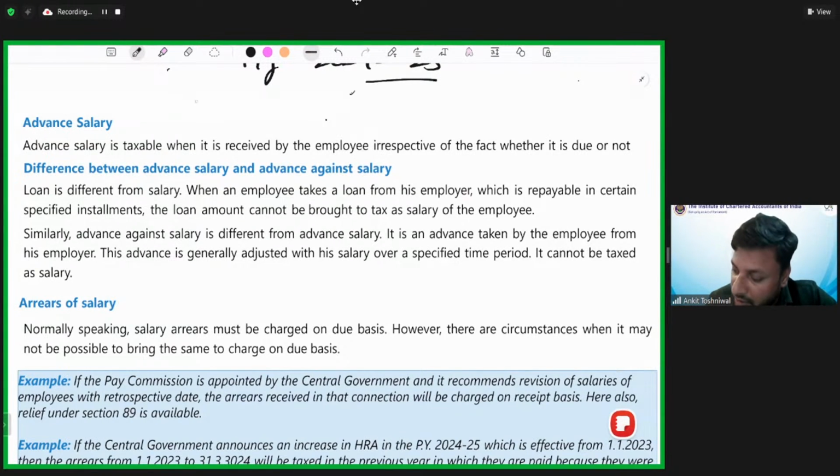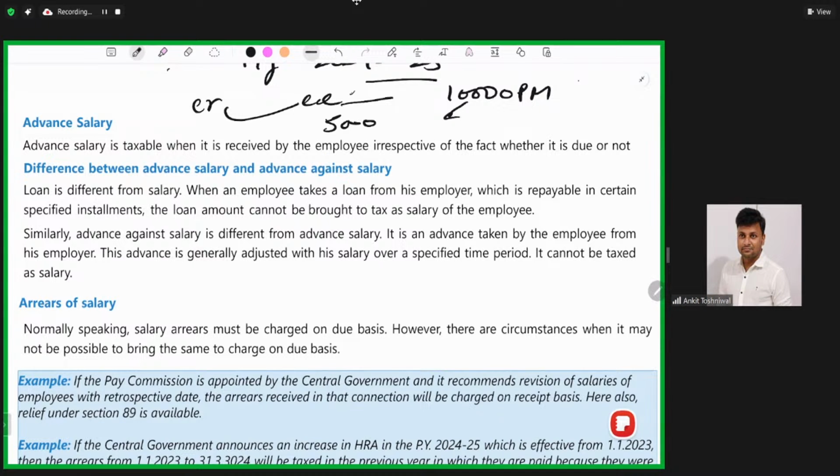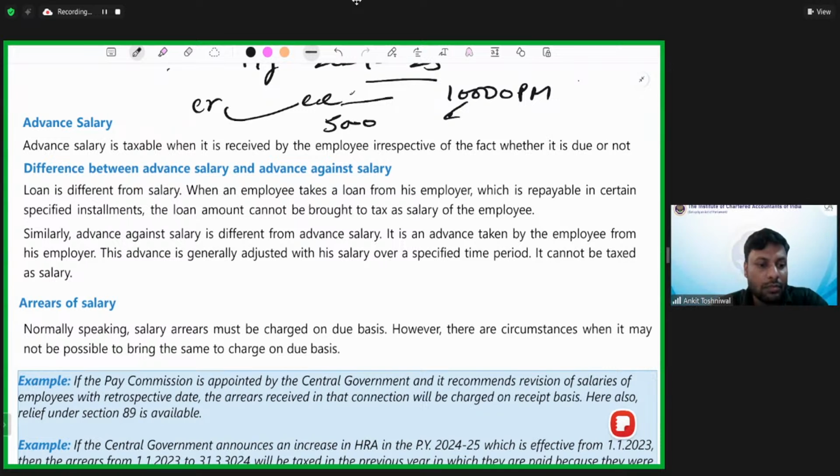For example, if the employee's salary is 10,000 per month, but he is getting an advance from this salary of 5,000.